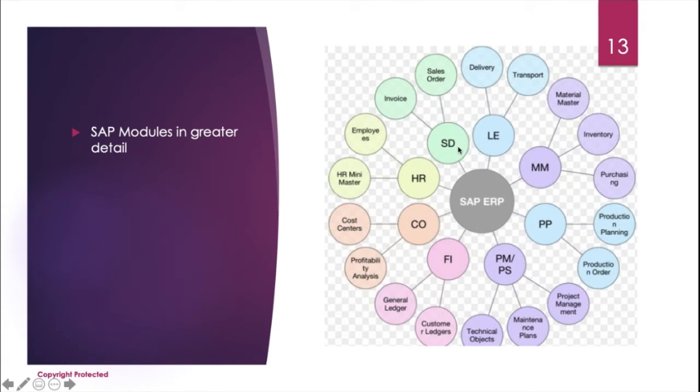After SD, the next important module is the HR module, which has the capability of handling employee data and employee needs, and also of maintaining the HR master data, all the HR related information. Then we come to another important module, the costing module or CO module.